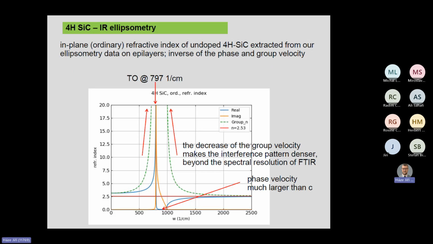So next can be the refractive index. It's also complex. It is the square root of the permittivity. And we have here the range around the TO in our sample, derived from our ellipsometric measurements of the layers. We have here the usual refractive index.